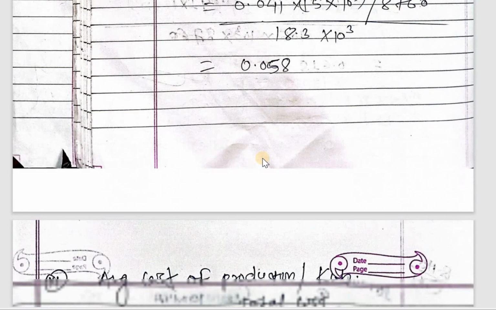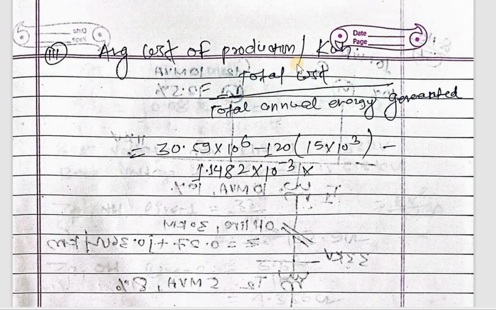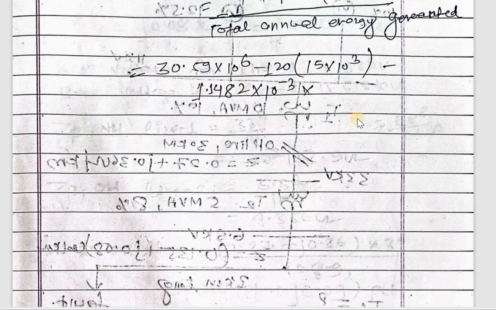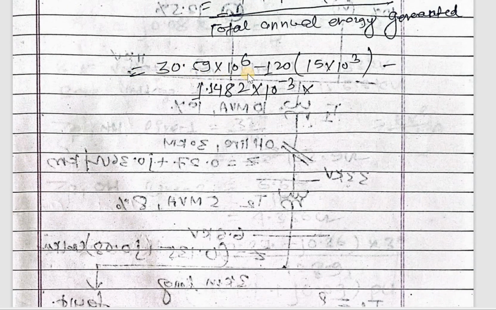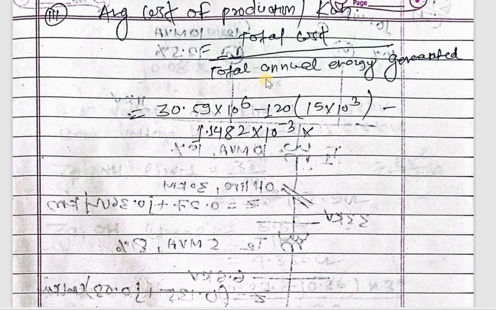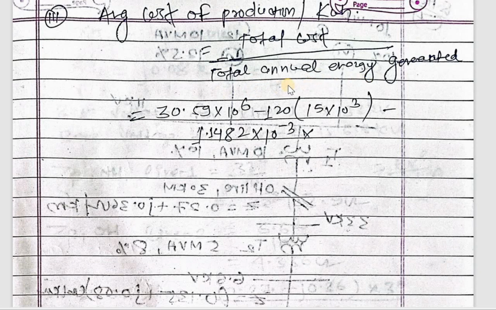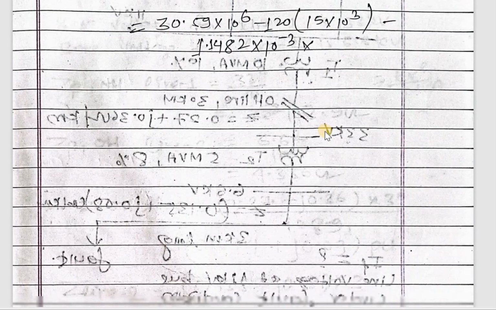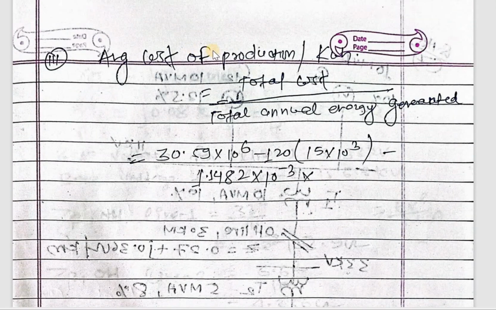And the average cost of production per kilowatt hour is total cost upon total annual energy generated. So write here all the total energy generated. Then you can get the average cost of production per kilowatt hour.